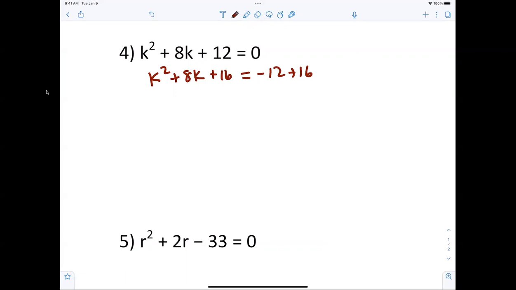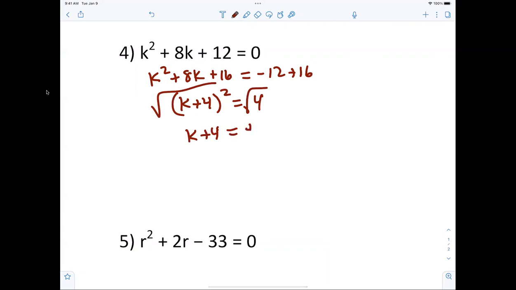Factors to whatever the half. So what does it factor to? Come on. K plus 4 squared equals 4. Square root. K plus 4 equals plus or minus 2.